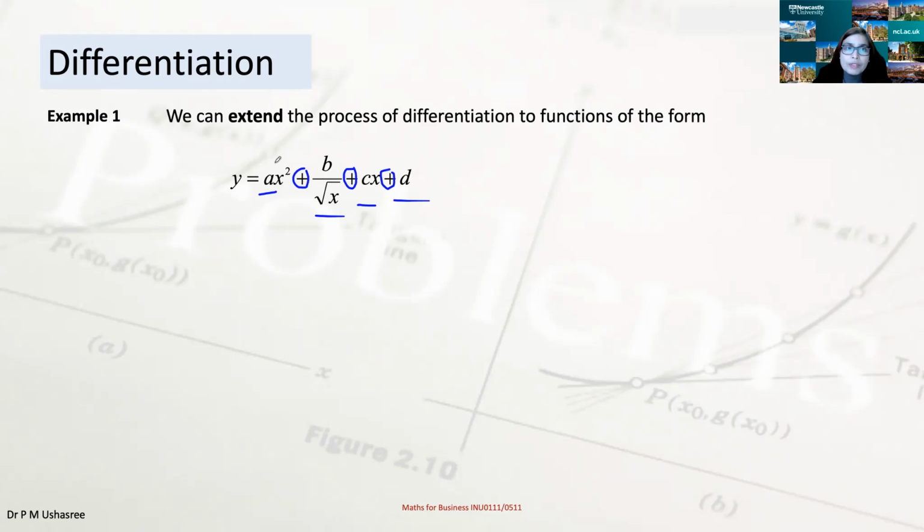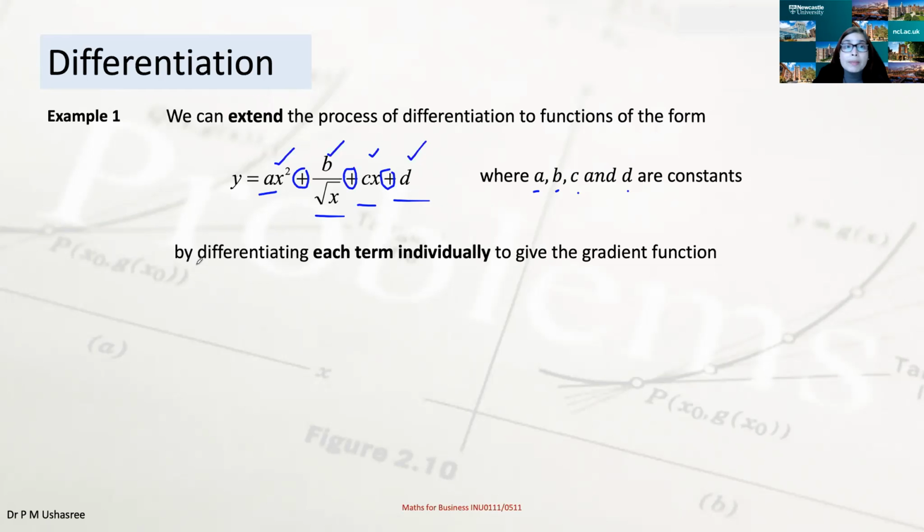You first differentiate this term plus this term plus this term plus this term. That's how you do it. Here a, b, c, and d are constants, as you can see. So you differentiate each term individually to give the gradient function. How do you write the gradient function? You write the gradient function as dy by dx, or dy over dx.